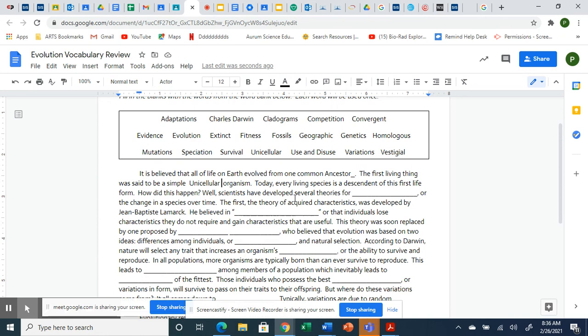Well, several scientists have developed several theories for blank, or the change in a species over time. Let's see. Let's try evolution.